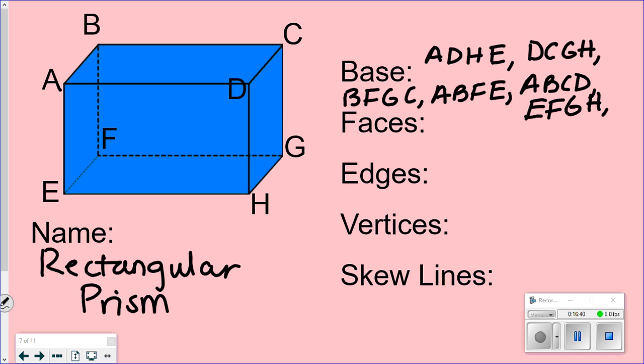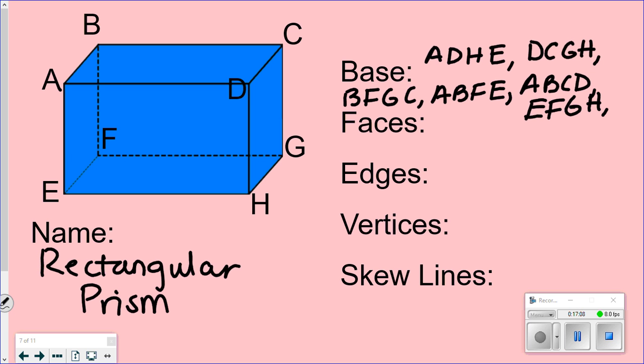Do you understand how I listed them? I just literally named them by the letters they had on the vertices. That's all I did. So A, D, H, E was the front. C, D, G, H was the side. However I listed it, let's list all of them. You will not always have every side as a base. What is the only thing you're going to have every side as a base for?